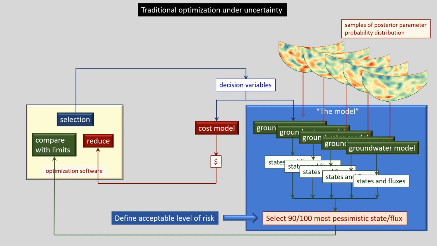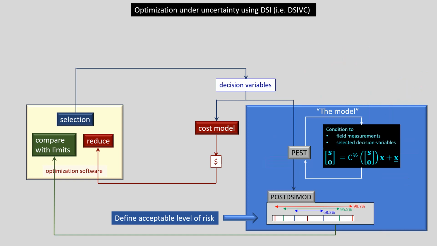So we go from this, if we're doing things traditionally, to this, if we're doing things using DSVC. Every time the optimization software chooses a new set of decision variables, the cost is calculated, same as normal, and the model that is run by the optimization software is actually PEST, conditioning the statistical model.